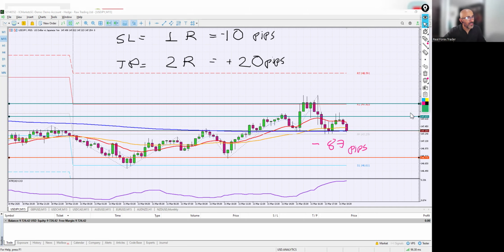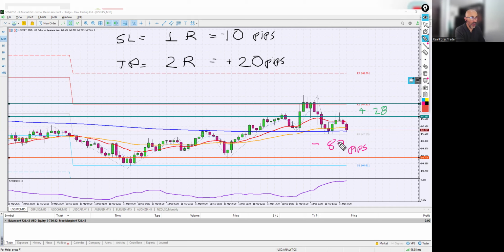That is not proper. This is definitely wrong. Why? Because if this trade goes my way, I will make 28, but if it goes against me, it's going to be 87.